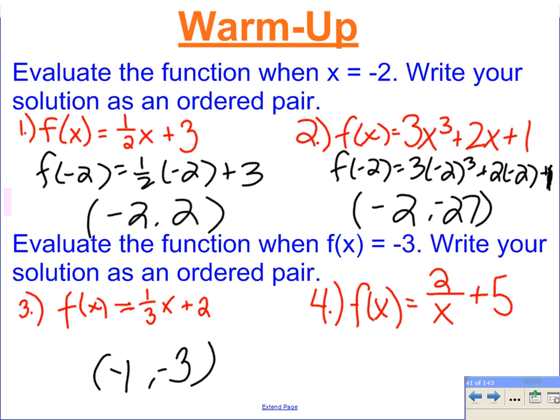Yes, -15. So this, what is this actually equal to? F of x equals what? Y. Right, this is y, this is y. So -3 equals 1/3 x minus 2. That's a two-step equation. Solve for x: add 2. You get -15.